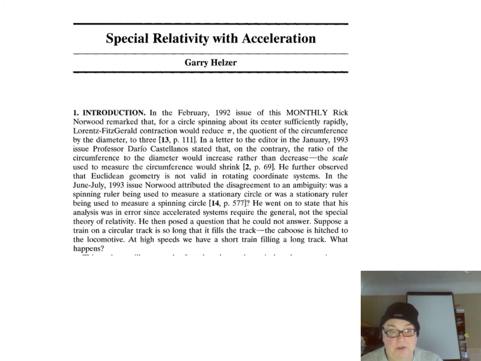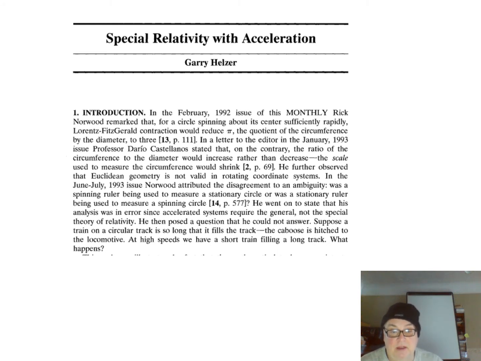He further observed that Euclidean geometry is not valid in rotating coordinate systems. In the June to July 1993 issue, Norwood attributed the disagreement to an ambiguity. Was a spinning ruler being used to measure a stationary circle, or was a stationary ruler being used to measure a spinning circle?